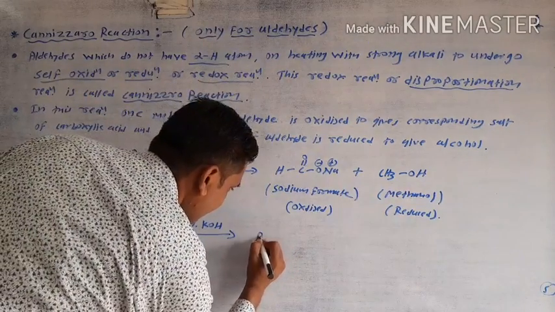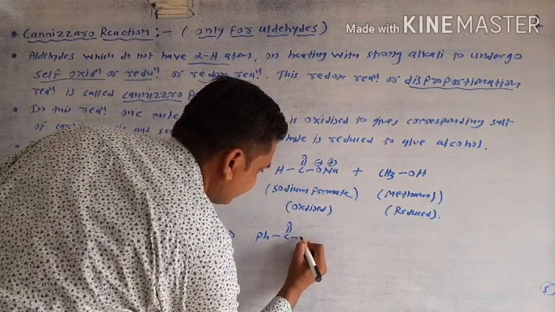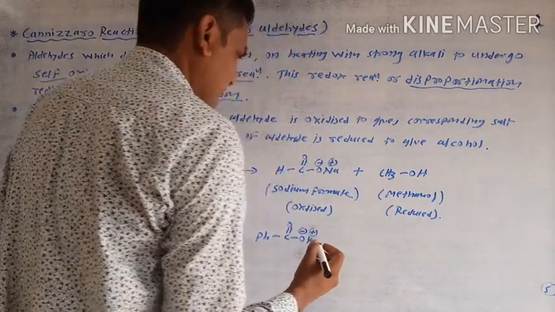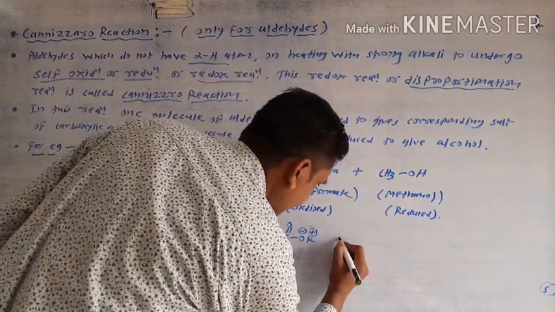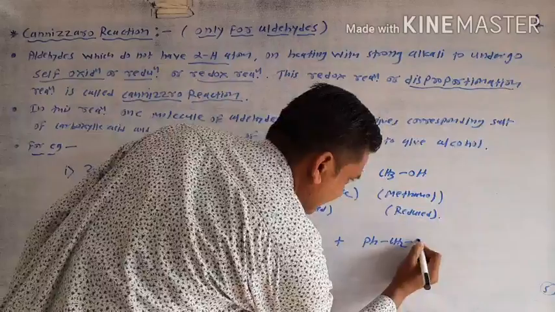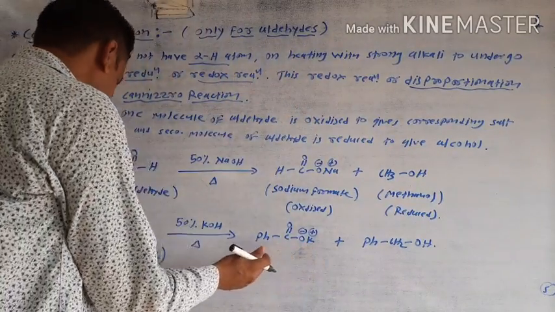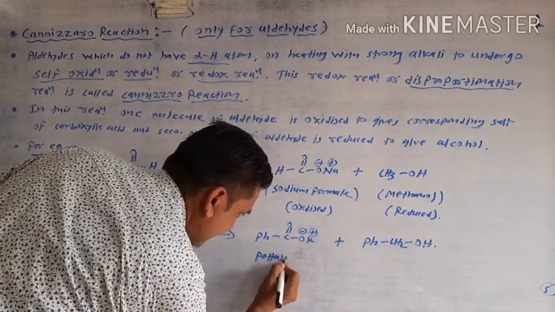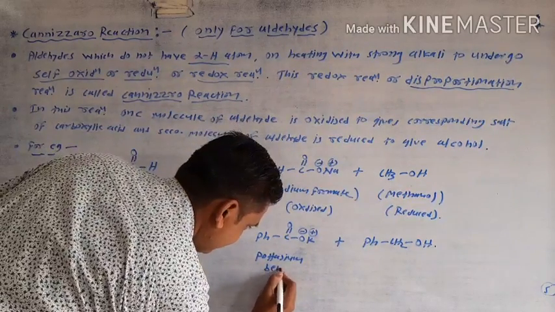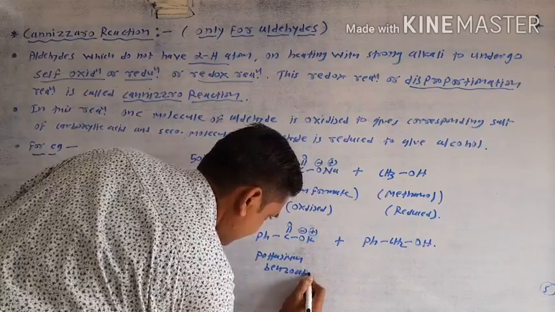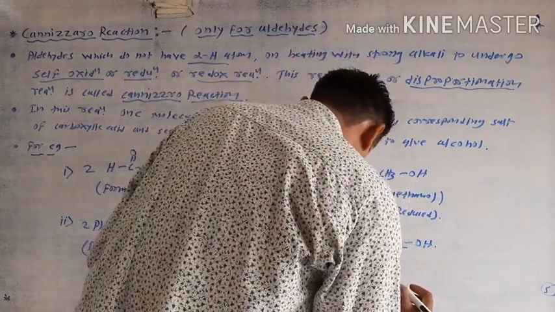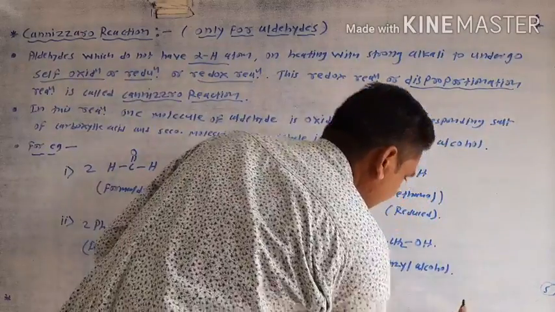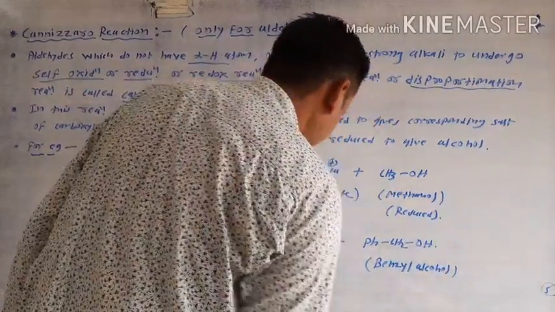It gives the potassium salt of benzoic acid, that is, potassium benzoate, plus benzyl alcohol. These two products are formed here.